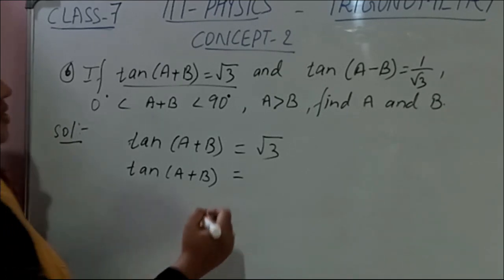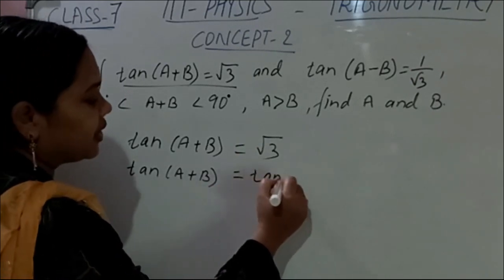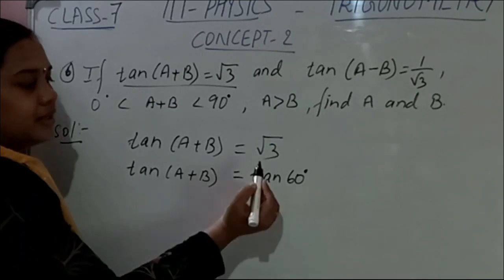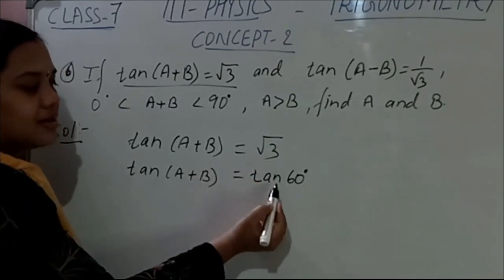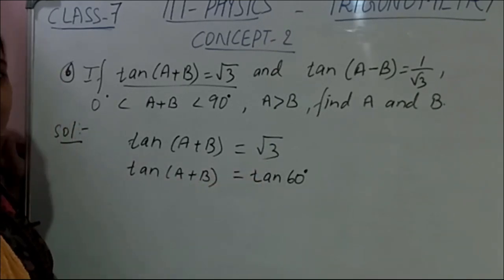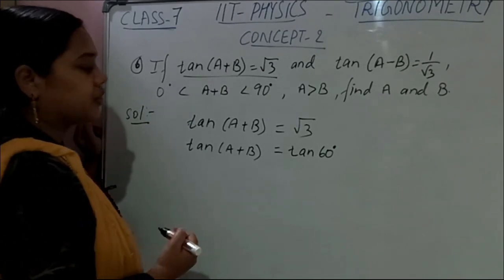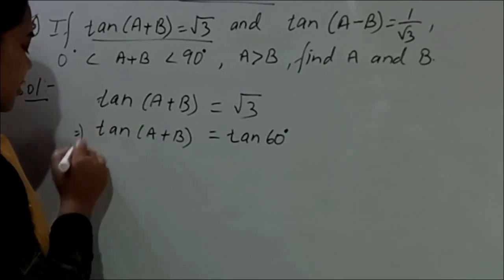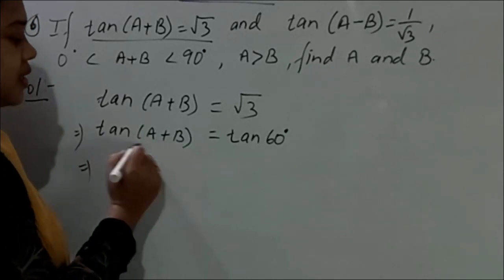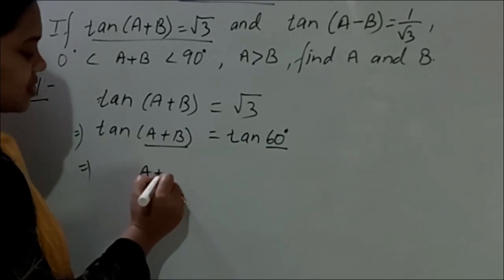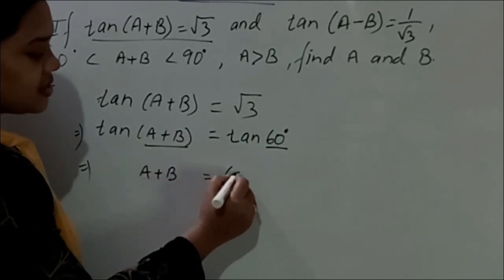Yes, tan 60 equals root 3. In place of root 3, I can write tan 60 degree because tan 60 equals root 3. It means tan a plus b is equal to tan 60 degree. So a plus b is equal to 60 degree.